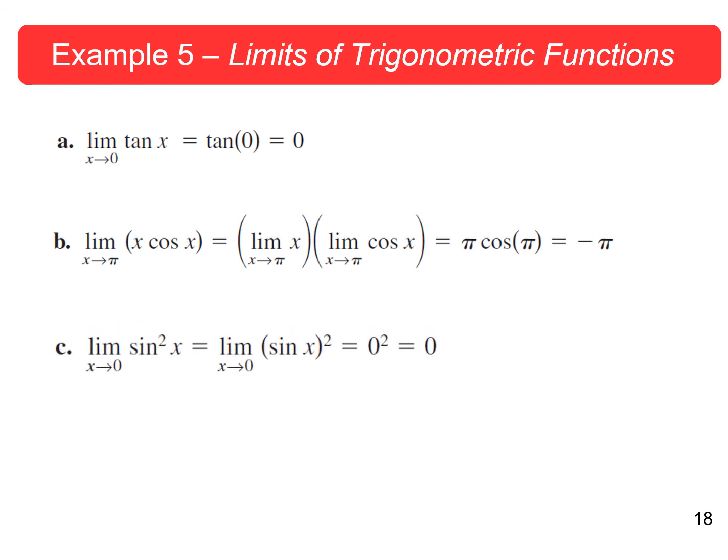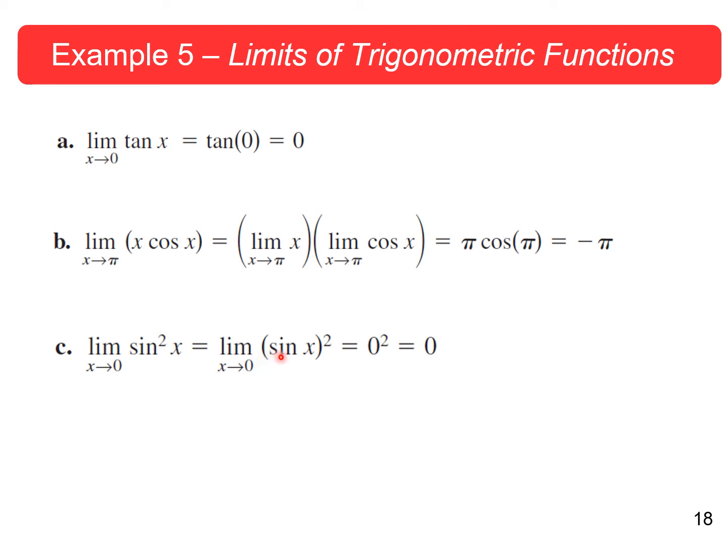Letter C, limit of sine squared of x. So this is like an exponential function. To evaluate the limit of this, we can just evaluate the base first, which is sine x.